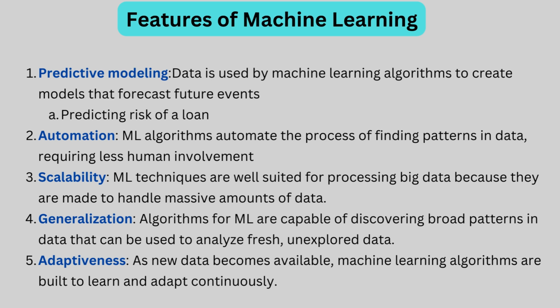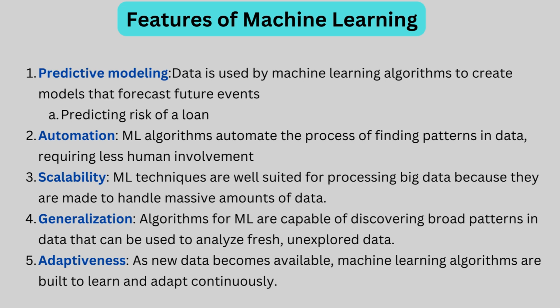And another feature is automation. Machine learning algorithms automate the process of finding patterns in data, requiring less human involvement. And then scalability: machine learning techniques are well suited for processing big data because they are made to handle massive amounts of data. And then generalization: machine learning algorithms are capable of discovering broad patterns in data that can be used to analyze fresh and unexplored data.